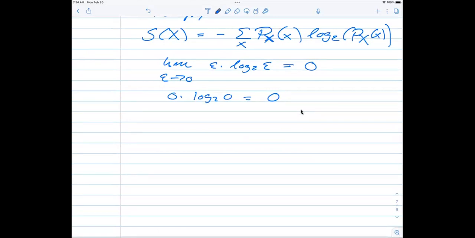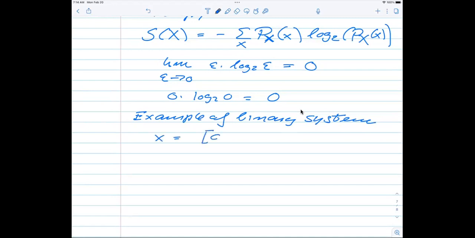One of the systems which you will often see being elaborated is the case where you have a binary system. So let me just bring this up here. We have a binary system. So what we could say now is that we have two possible events. So x takes the values 0 and 1, only these two values.